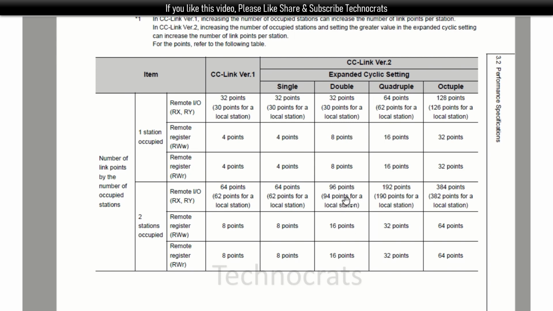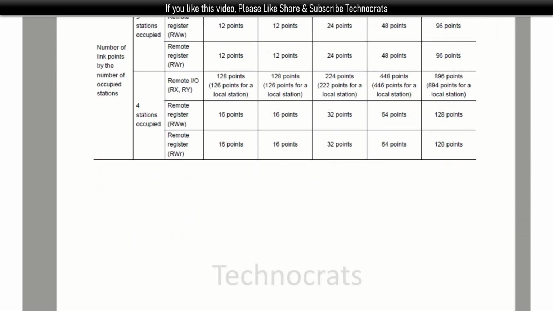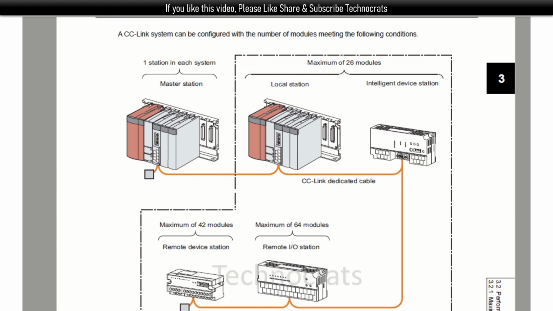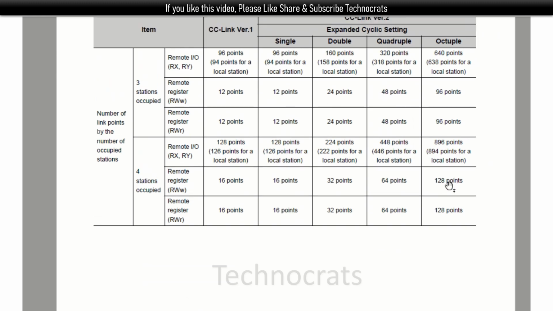And for double it will be 96 points for RX RY, 16 points for RWW and RWR, and similarly these points will be, for 4, up to 896 points for RX RY, 128 points for RWW and RWR.